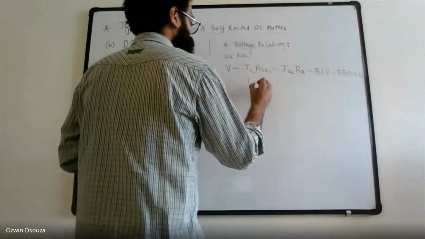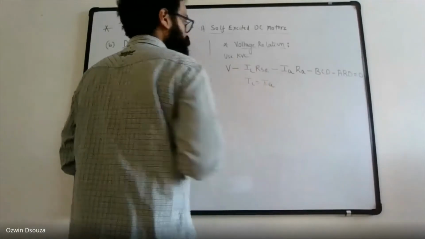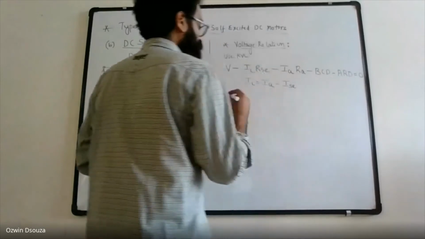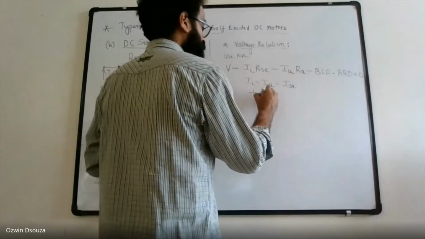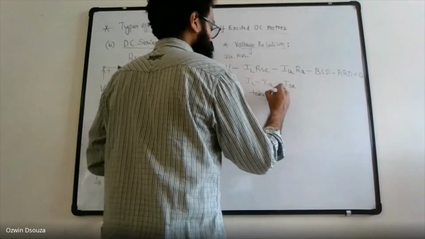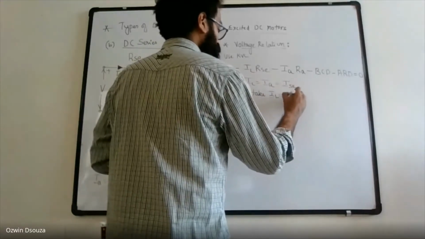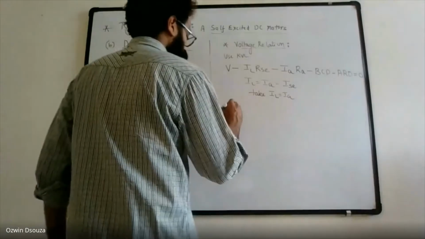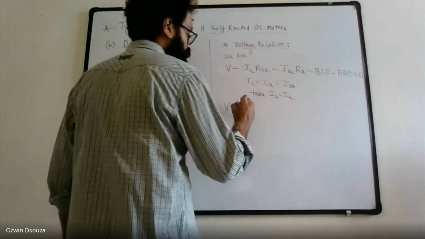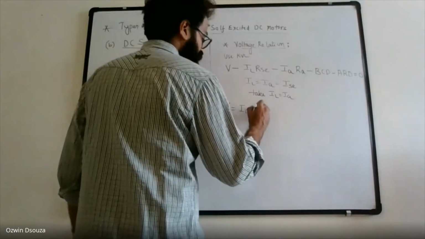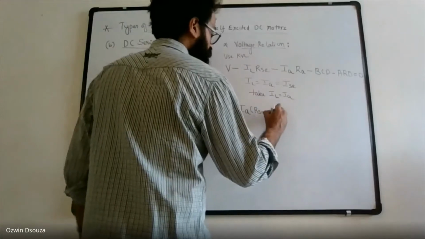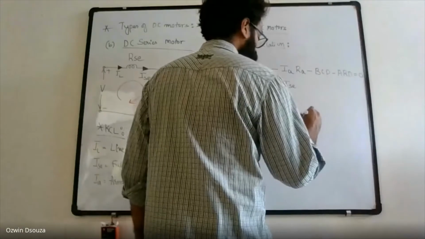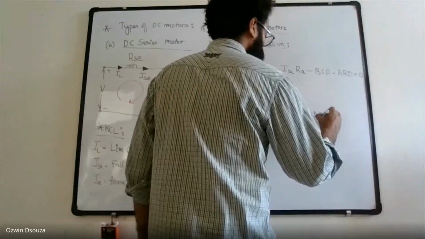So as IL is equal to IA is equal to ISC, all the three currents are the same. With which you will get V is equal to IA times (RSC plus RA) plus EB plus ARD.